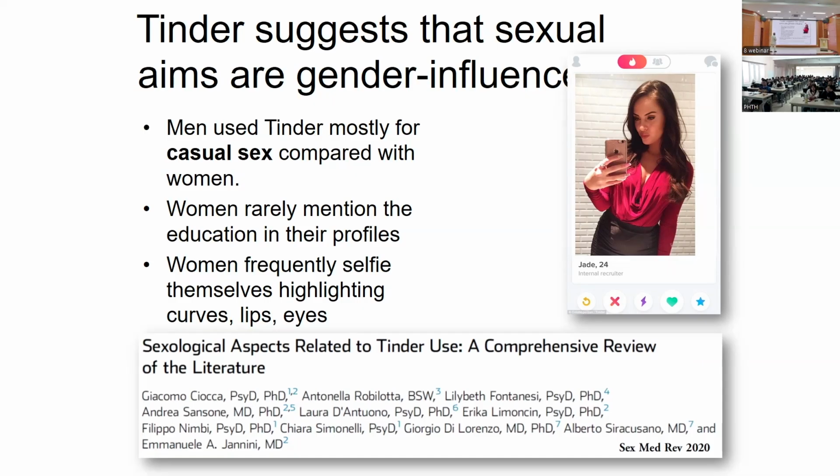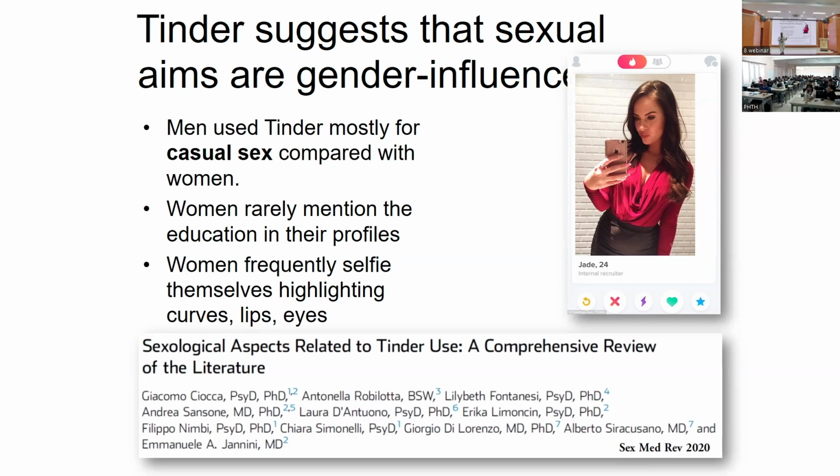And what is very interesting, very strange, but even terrible somehow, is the fact that she is not frequently showing in her profile the level of education. Do you have an idea why? Because usually the men are stupid and they are afraid of a too intelligent lady, a too intelligent partner.